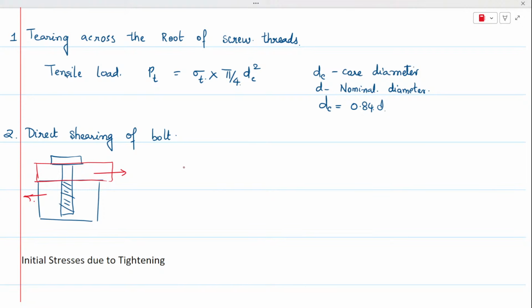So shearing load, that is P, is equal to tau, that is shearing stress, into cross section area. This happens at the shank diameter. This is called the shank portion, the non-threaded portion.